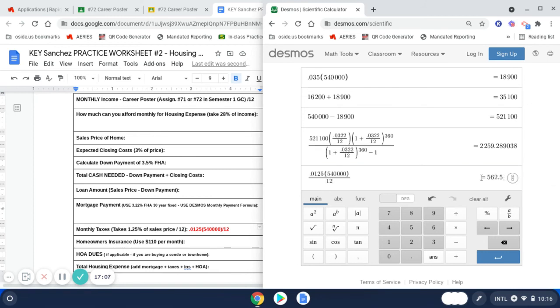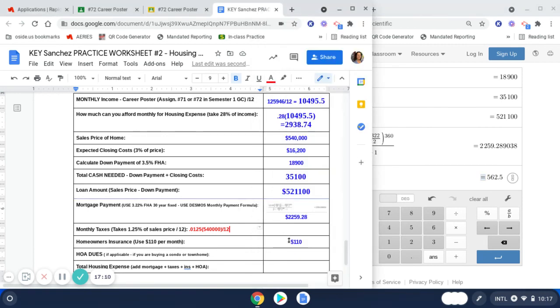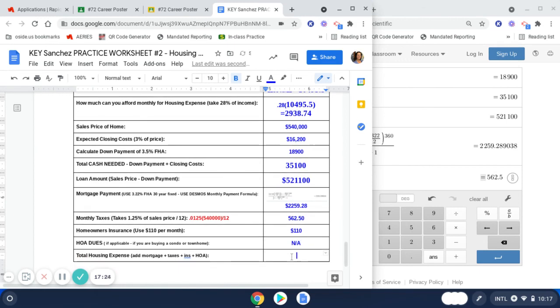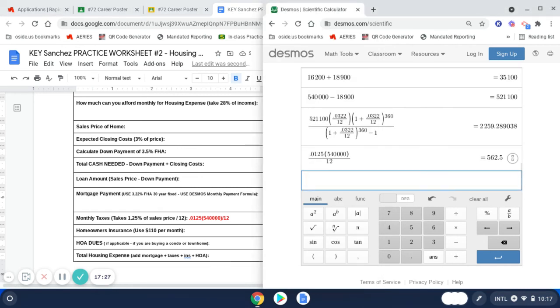So $562.50. Now, unless you're buying a condo, HOA dues don't apply. So total housing expense is $2,931.79.